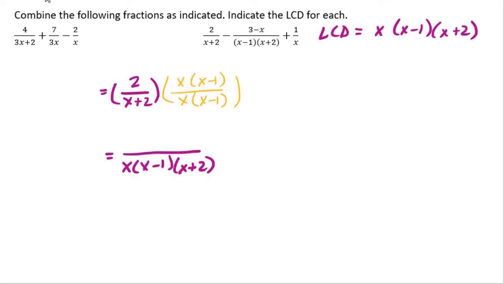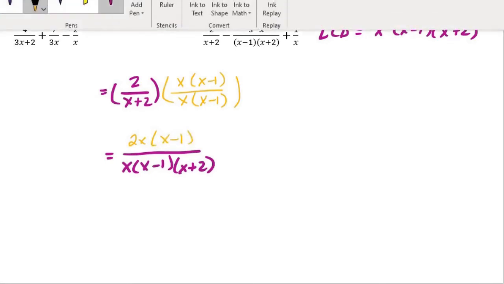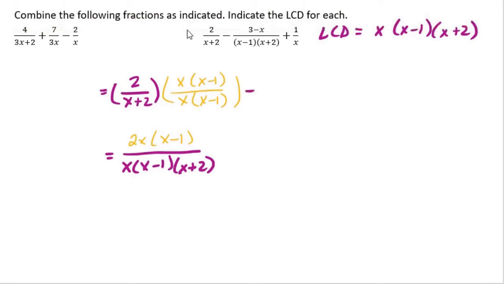You have to be a little bit careful when I'm simplifying the numerator here, so I won't do it all at once. I'll take the 2 and the x and multiply those together, and we'll use distributive property in the next step to keep going. All right, then I have 3 minus x over, this is great, I already have the x minus 1 and the x plus 2.